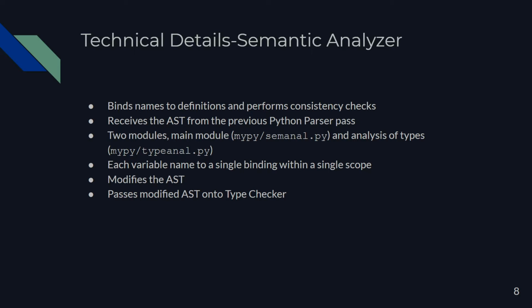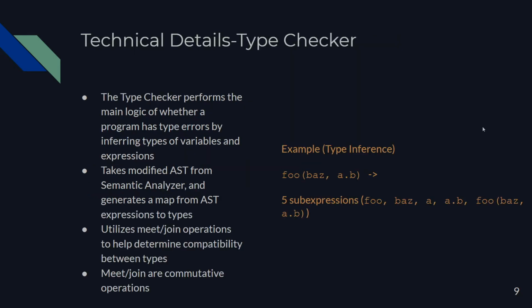Each variable name can only be bound to a single type within a scope, so within a function or a class scope. This step also modifies the AST based on these things and passes it to the type checker. So the type checker receives that AST that was modified by the semantic analyzer, and this begins performing some of the main logic of whether a program has type errors.